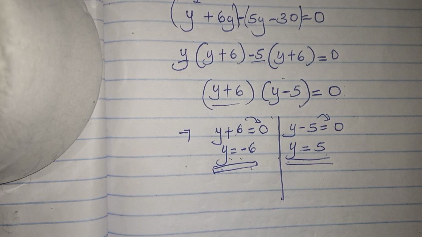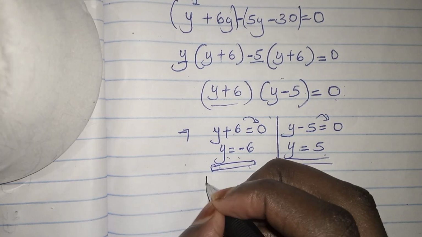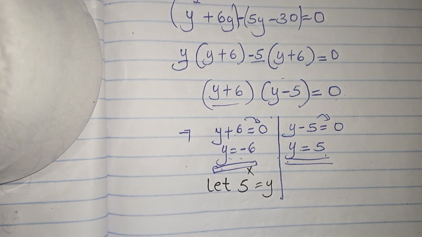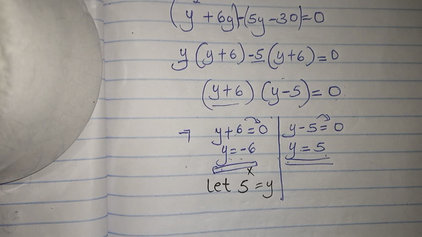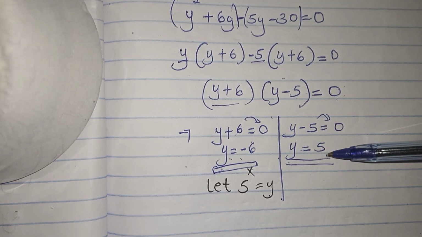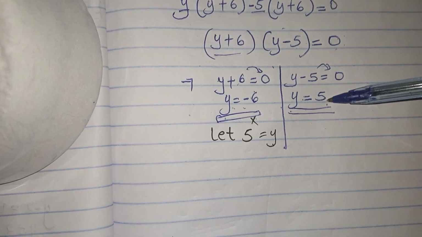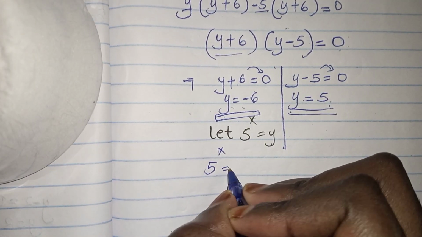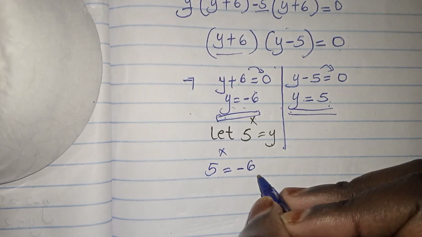And remember we had said let 5 to the power of x be y. So we shall substitute this y with the value of y here, negative 6 or 5. So 5 to the power of x is equal to negative 6. This is undefined.